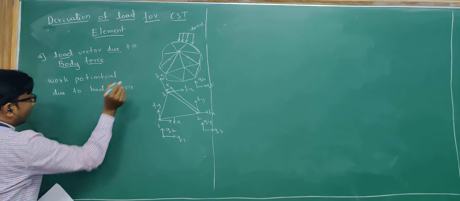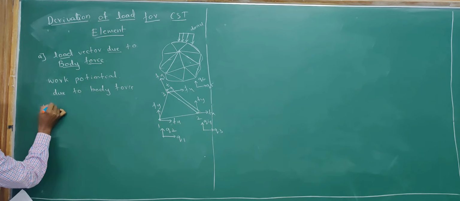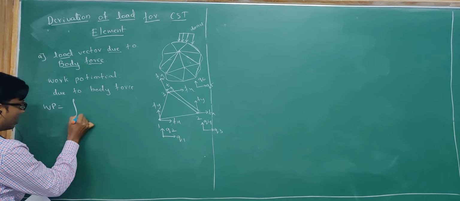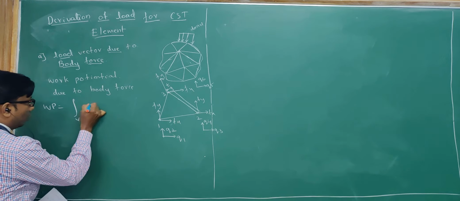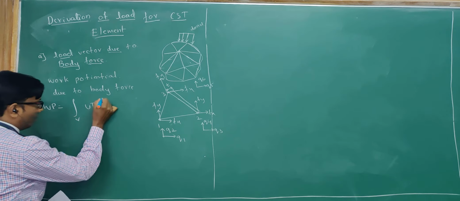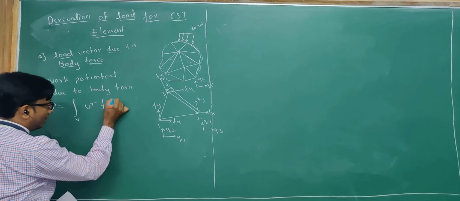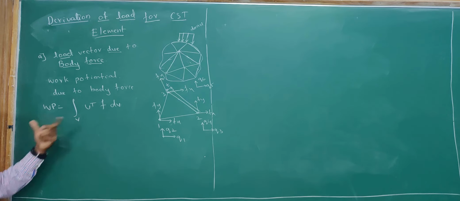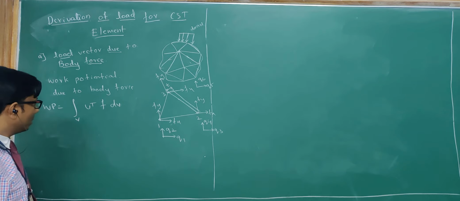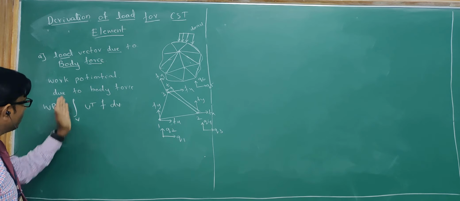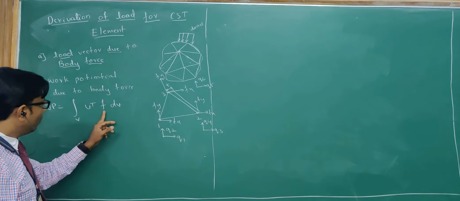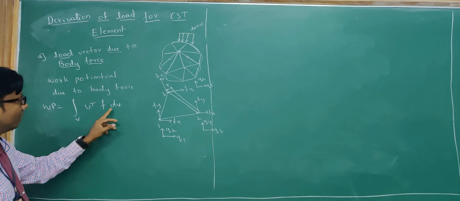We know that the work potential is given as an integration over the volume because of the body force: integral of u transpose f dV, where u transpose is the displacement and f is the body force parameter. We have already seen this equation in bars and as well as in beams.